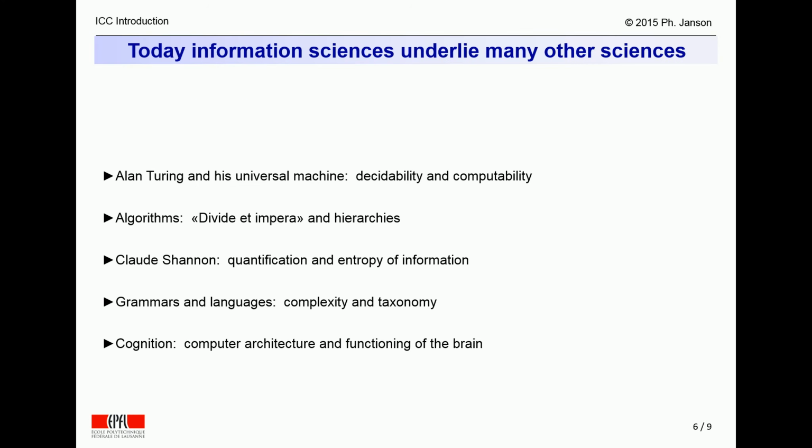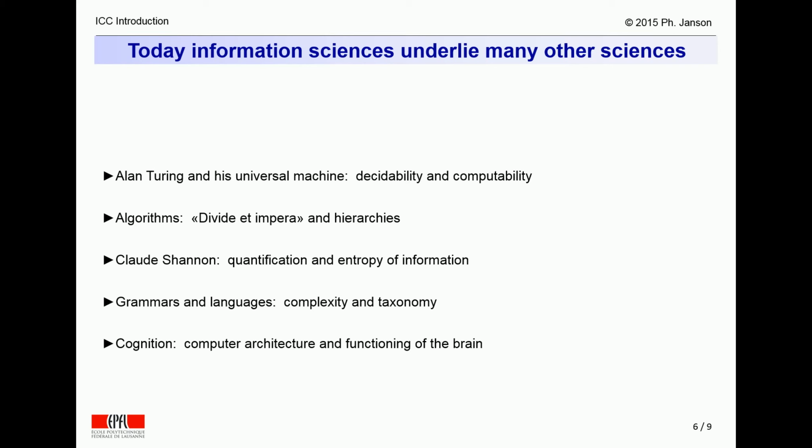Today, ICC science and technologies underlie most other disciplines. Alan Turing's universal machine has brought to the world the notions of what is decidable and what is computable. Algorithmic work has brought to the world new ways of attacking problems by subdividing them from the top down or from the bottom up.